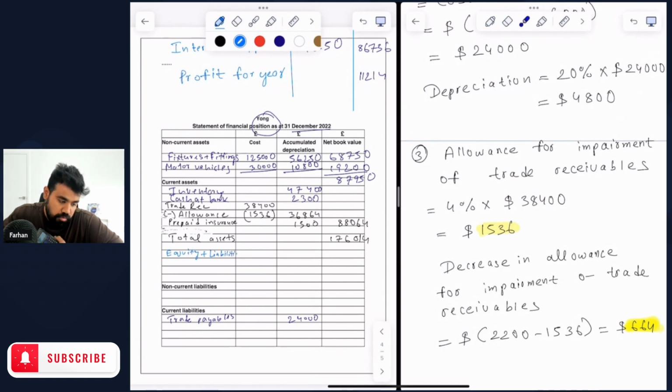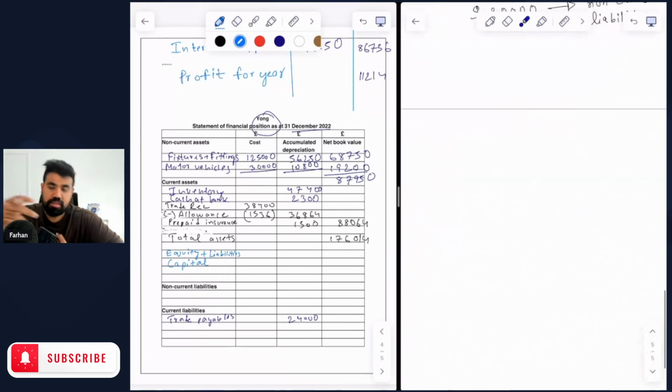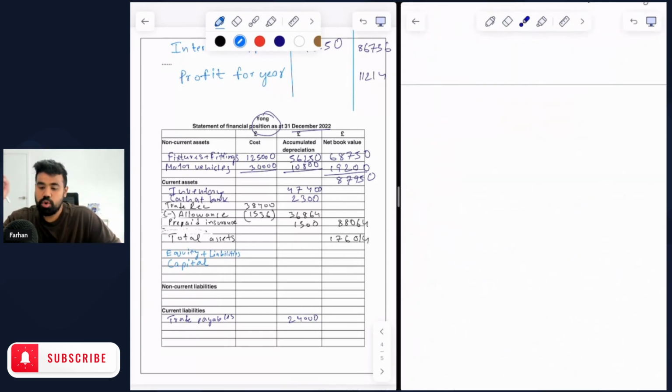All right, so for the equity, we are simply referring to the closing capital that the business should have. And how can we calculate this amount? This is something that we would be doing in the statement of changes in equity for a company, if we were to prepare that. But using a similar logic, we start with the opening capital, and then we add the profit for the year.